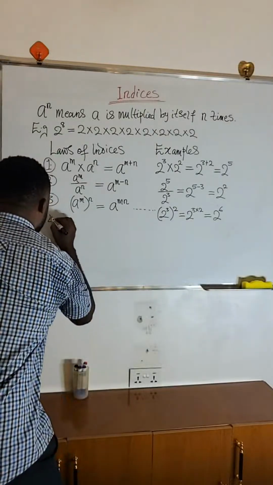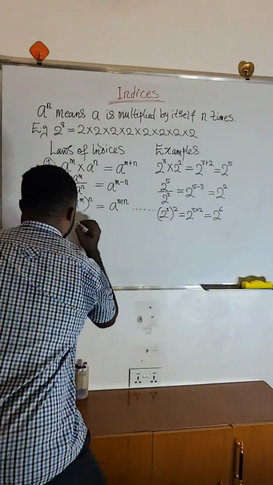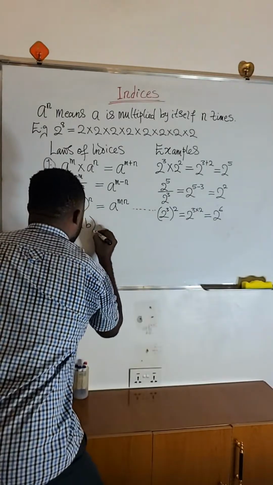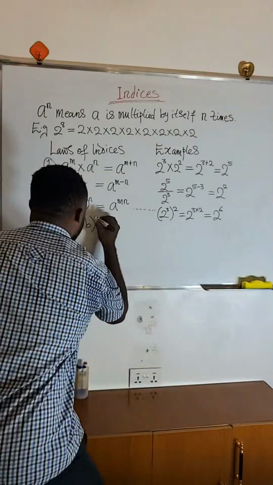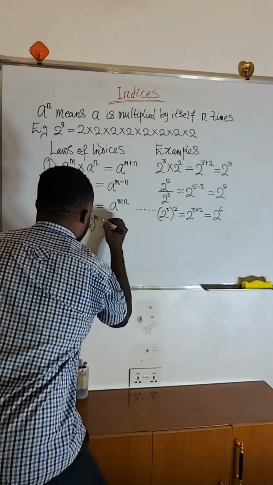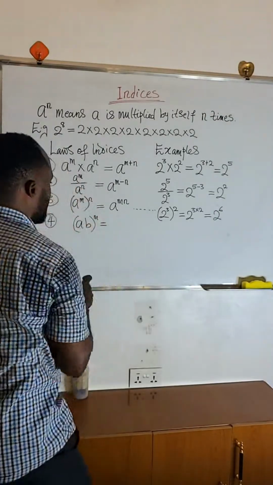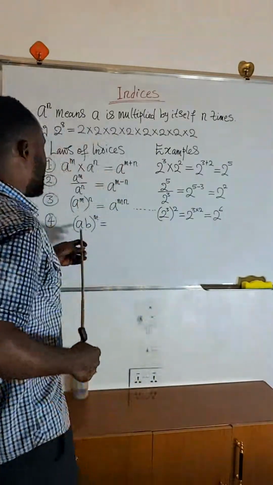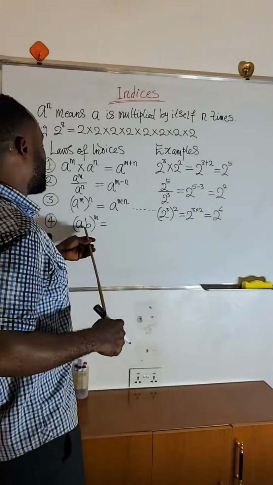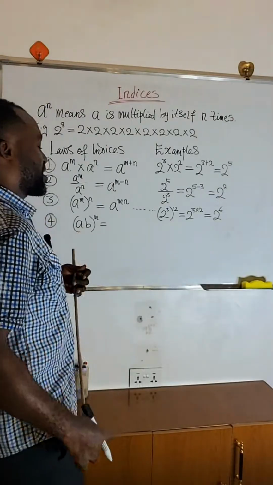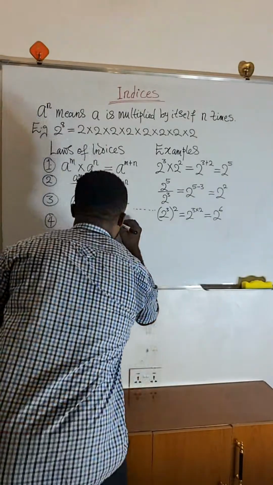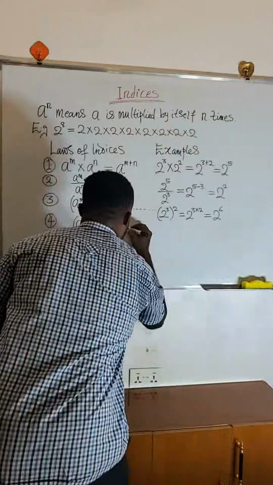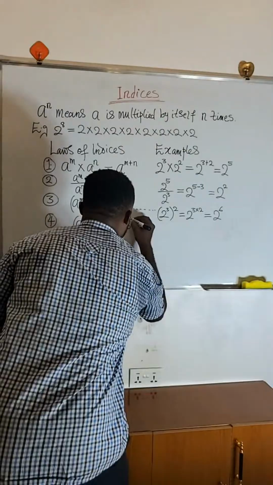You will also have something like a times b raised to the power of m. Remember, this power here will affect the 2 variables inside this bracket, and that will give you a raised to the power of m and b raised to the power of m.